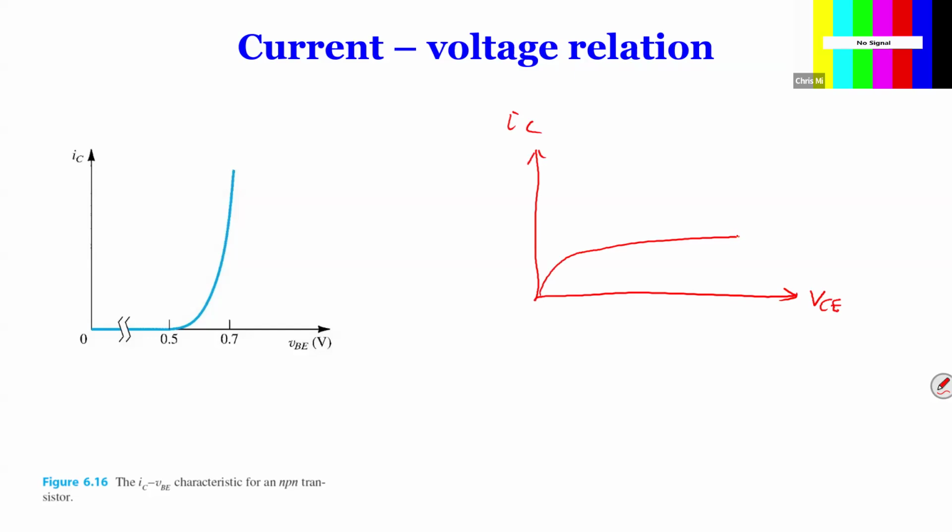So we have this one here, and each of these corresponds to a VBE. And then if you interpolate from this graph, you can find the relation between IC and VBE.